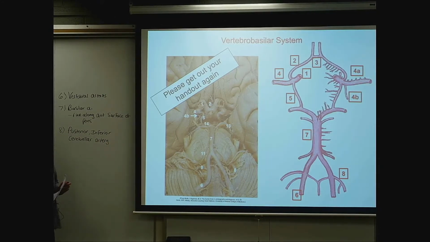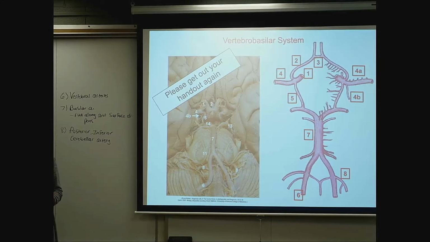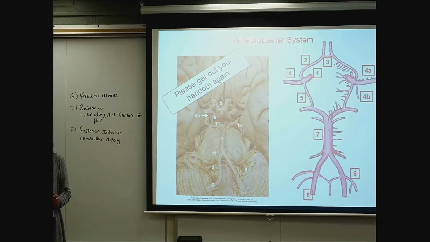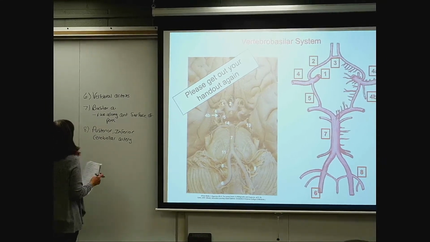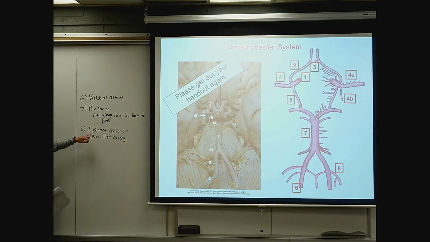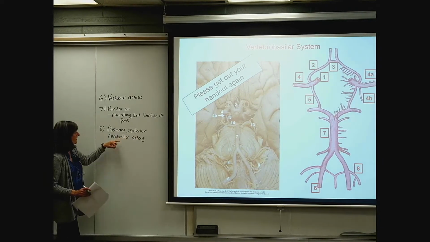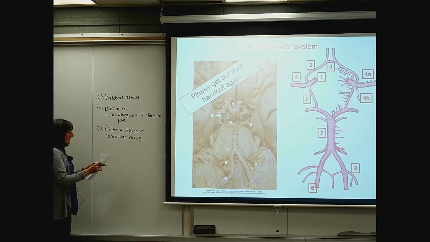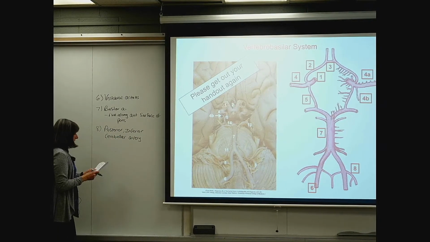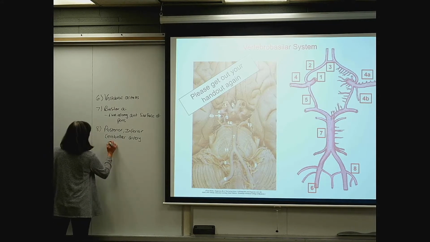So some of you are thinking, God, what a horrible name that I'm going to have to remember. But it helps you because it's telling you exactly what it supplies. It's going to supply the posterior inferior cerebellum. So that's important. Unfortunately for you, though, it's also going to supply parts of the medulla.